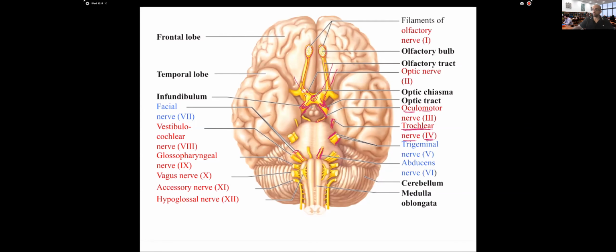Those are the 12 pairs of cranial nerves that we've got. Again, most of them are mixed nerves. Some of them are purely motor, and the two prominent nerves that are purely sensory are my cranial nerve number 1 and 2, olfactory nerve and optic nerve.